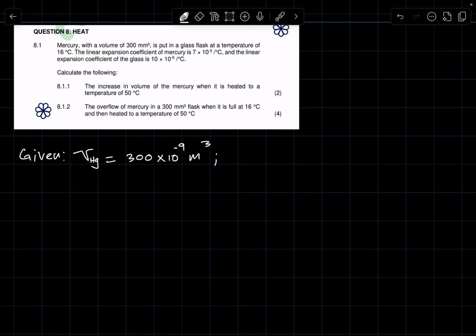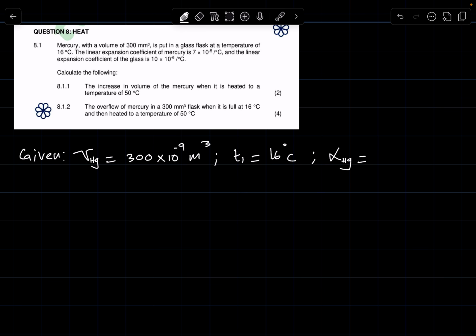It is put in a glass flask at a temperature, so T1 is 16 degrees C. The linear coefficient of expansion for mercury, again Hg, is given in the statement, so you wouldn't necessarily need to go to your table of constants.